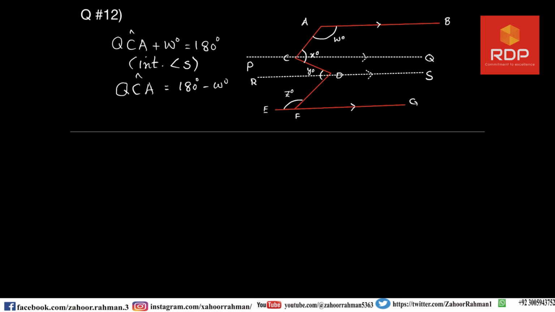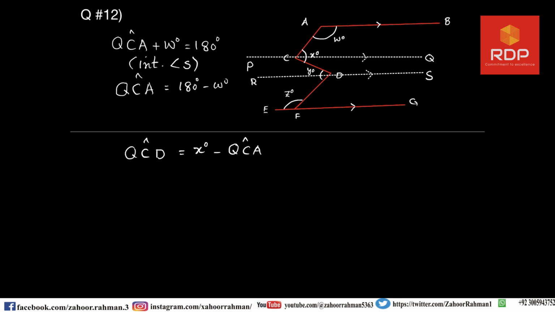Now we have to find QCD. We found this part, but we need this part as well to find the value of full x degree. So can we write QCD angle is equal to x degree minus QCA.